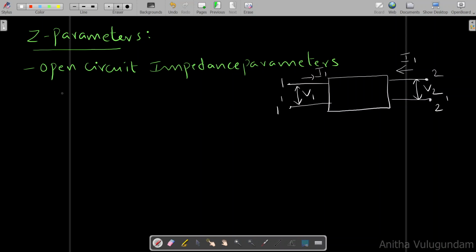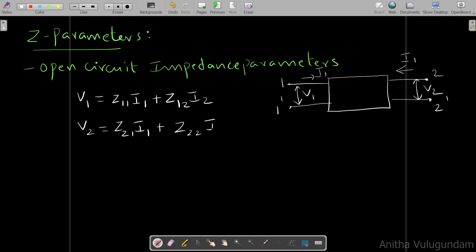Z parameters are described by the equations V1 equal to Z11 I1 plus Z12 I2, V2 equal to Z21 I1 plus Z22 I2.